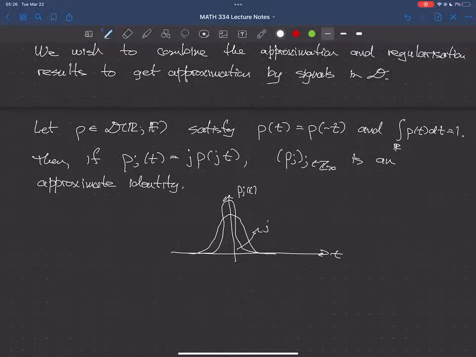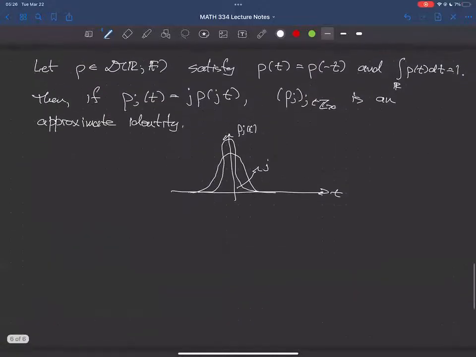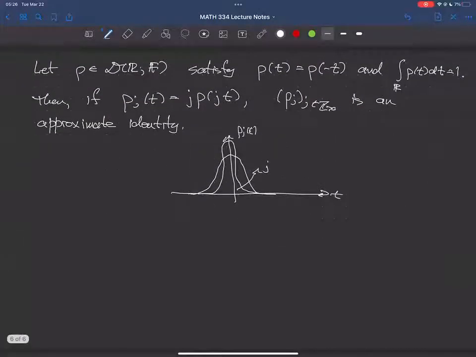So the situation is rather like I described last time, using approximate identities, but now my approximate identity is in not just L1, but D, so it's infinitely differentiable with compact support.